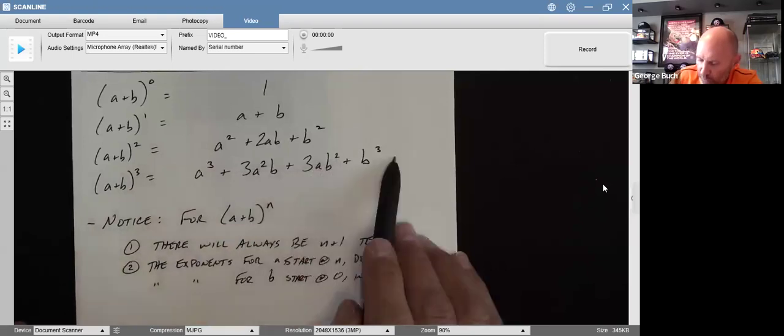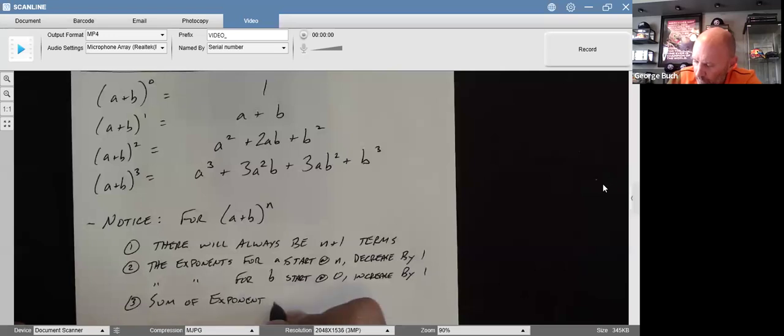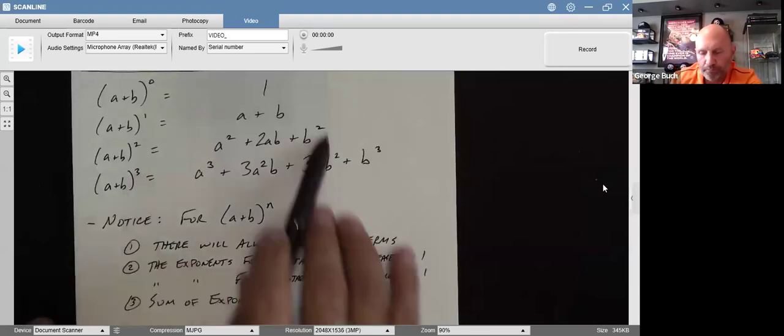So that means what? The sum of the exponents is going to be n. So we can figure out for the variable pieces what's going to happen.